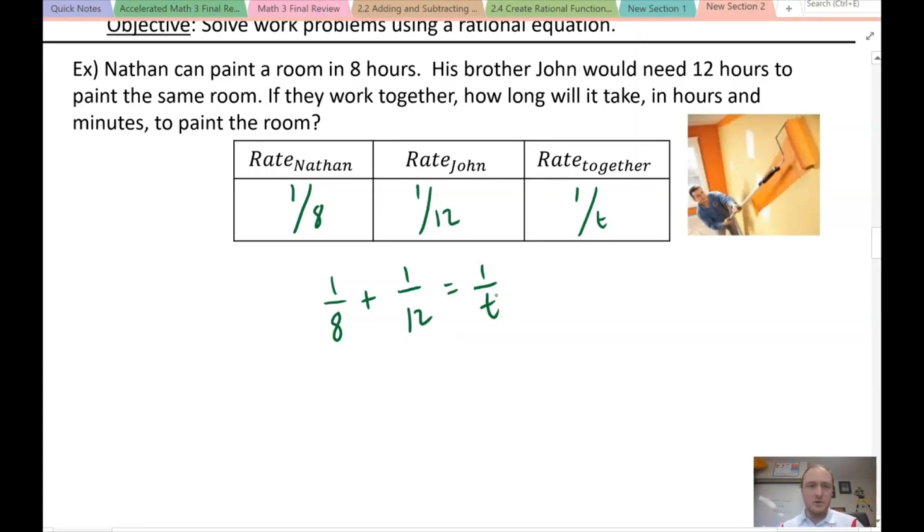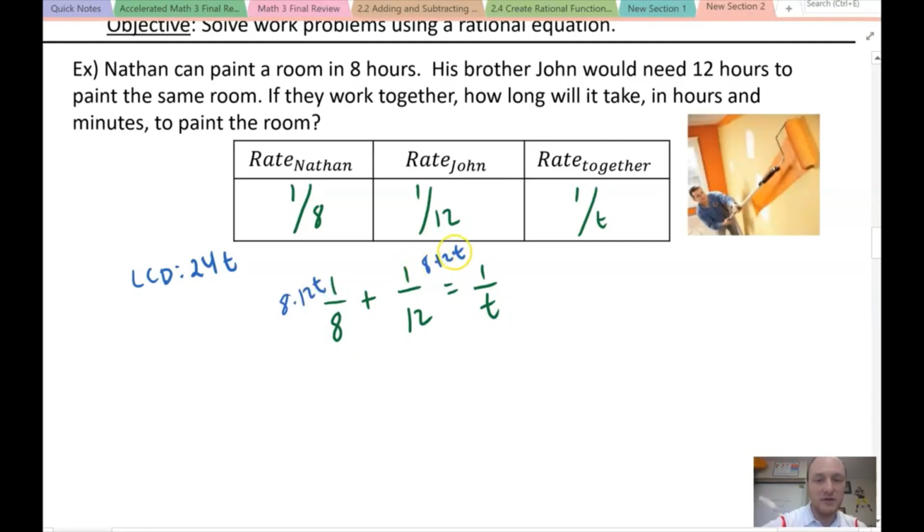So what we can do is multiply by the LCD. In this case, your LCD is going to be 24t. Okay, that's your LCD. You can still multiply by 8, by 12, and by t.